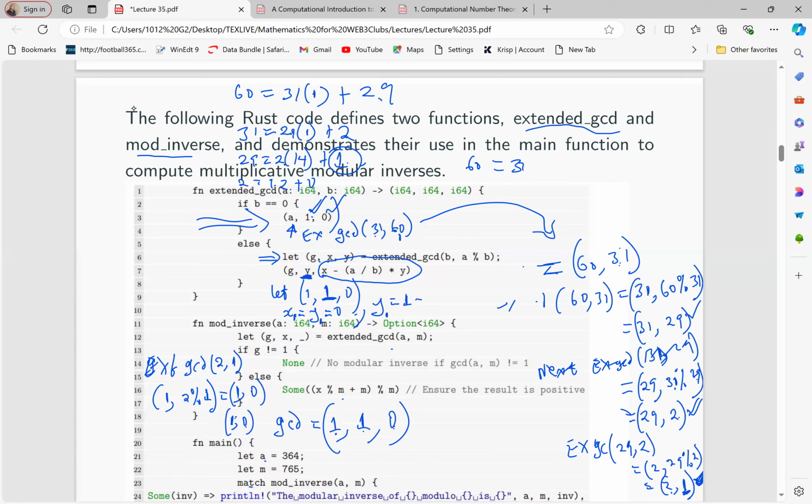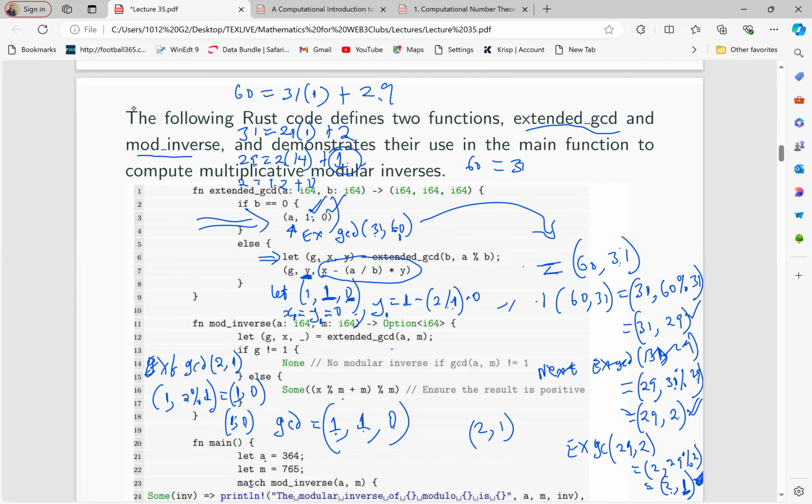Then minus, our numbers are 2 and 1, so 2 divided by 1, then multiplied by Y. But our Y is 0. So inside the bracket, you have 2 multiplied by 0. That would be 0.